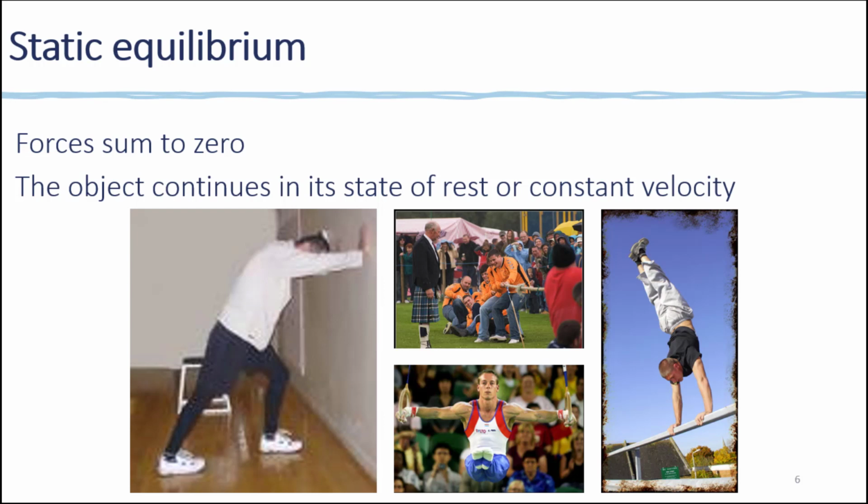That is, all of the forces acting on the individuals cancel each other out and make it so that the person in each picture is not moving at that instant in time. If we take the person pushing up against the wall, you can imagine that the force of the wall is equal and opposite the force that the person is pushing with. So that person is not moving. And you can justify the same sort of static equilibrium in each of these pictures.